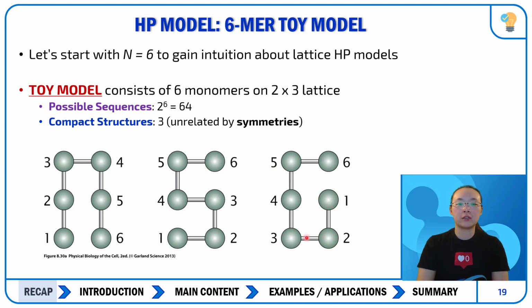So I could start here and go around. I could have started here and went around this way. But no matter what, it's still a G shape. There is no other shape that I can make from the 6-mer toy model. I can't go from 1 to 4 and then wrap around here because it crosses the 1 again. So there's only 3 shapes that I can create.